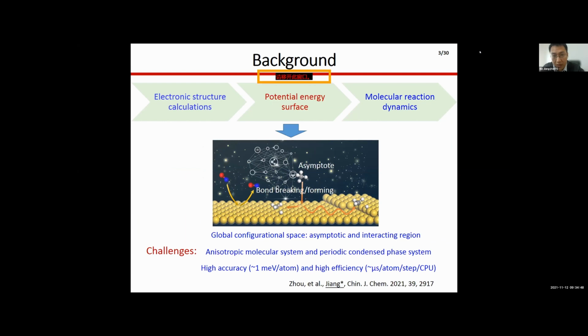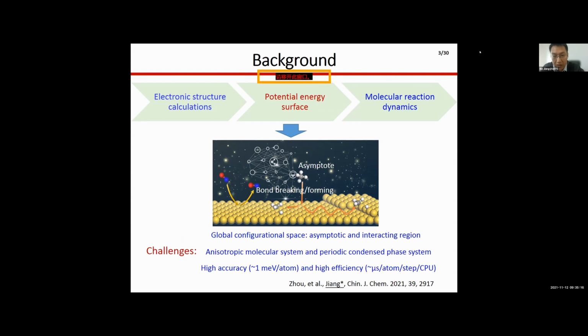So the key to extract such kind of information from theory is to have a potential energy surface. With that, we can either do quantum wave packet propagation or classical trajectory simulations. So I will focus on how to construct the potential energy surface in our systems.